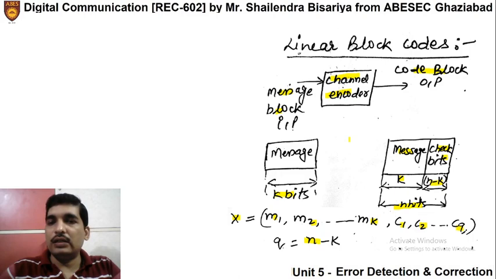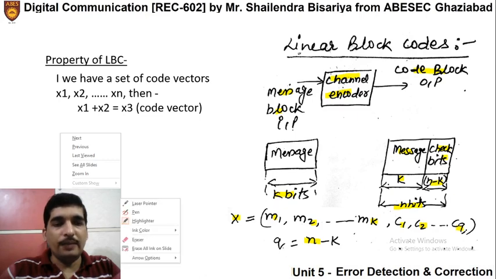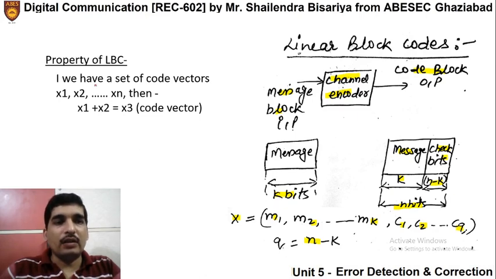Now the next point, let us discuss the property of linear block code. Here I will discuss one important property: if we have a set of code vectors, let us say x1, x2 up to xn, then when we add two code vectors, the addition must give another code vector in that set.